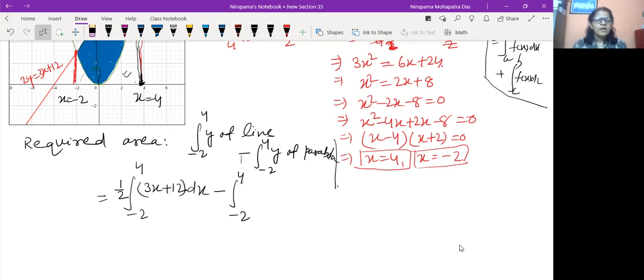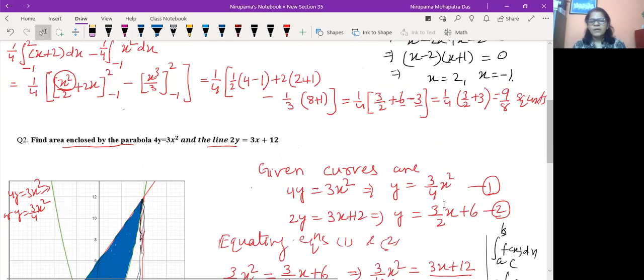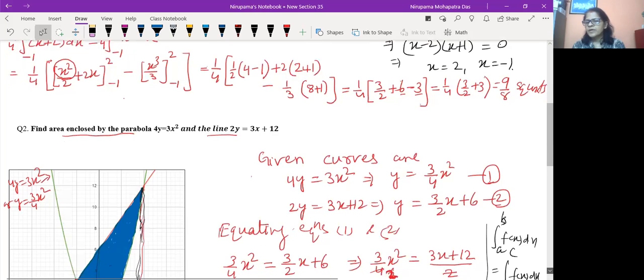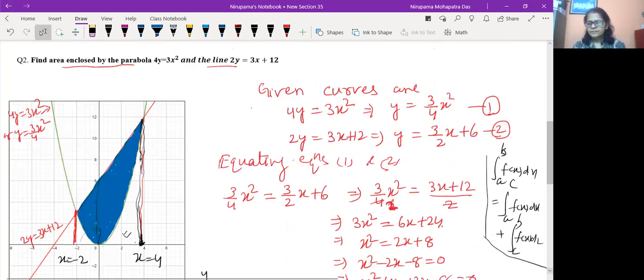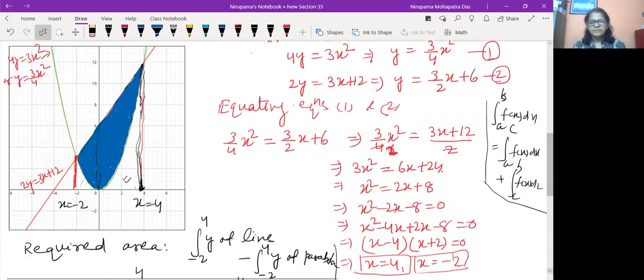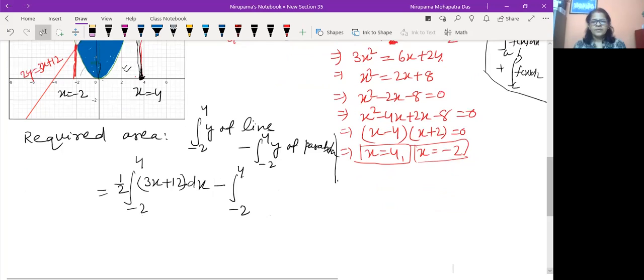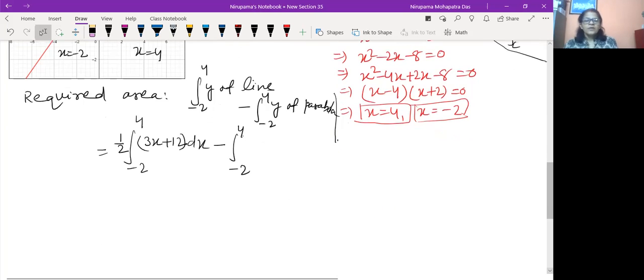Just have a look at the rough sketch. It is 3 by 4 x square. So you can write here 3 by 4 x square dx.